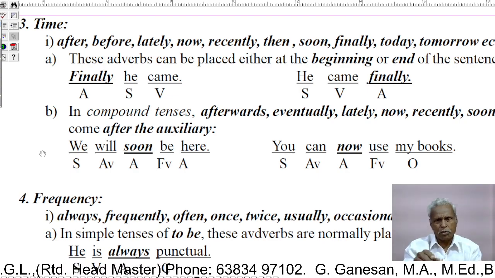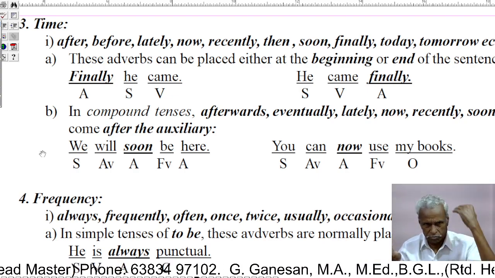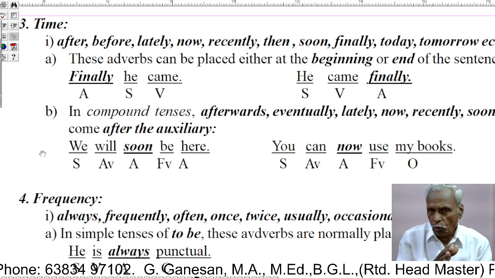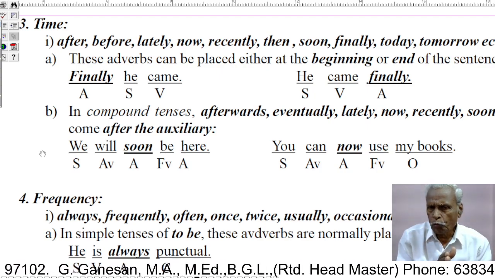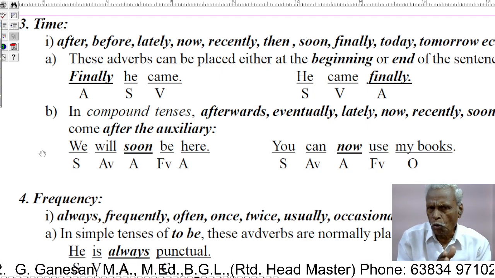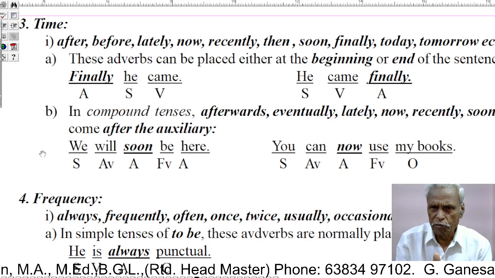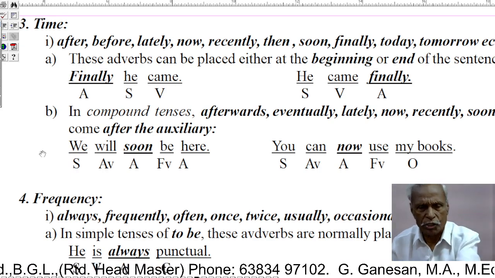Now has been placed after the first auxiliary verb. When there is more than one word, that is, compound tenses, the adverb of time can be placed after the first auxiliary verb.